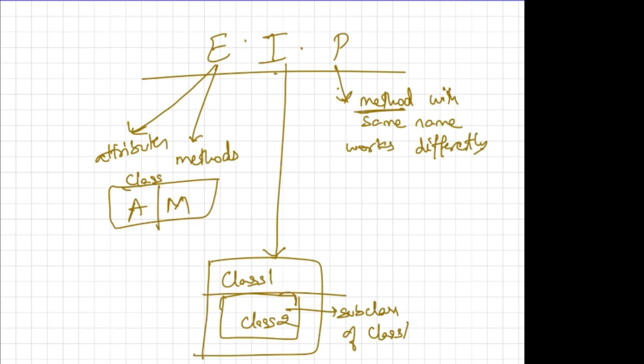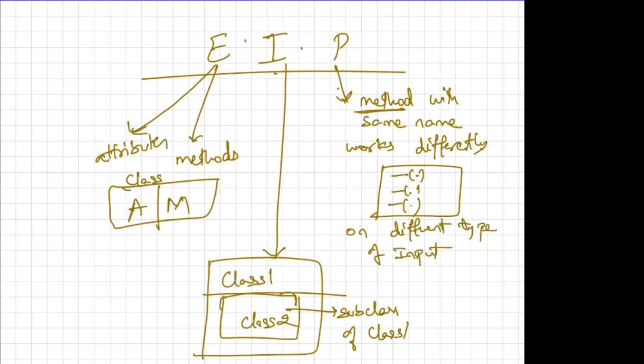In the program, you define multiple methods with the same name, but their logic is different inside based on the input parameter. So methods with the same name work differently on different types of objects, or types of input, I would say.